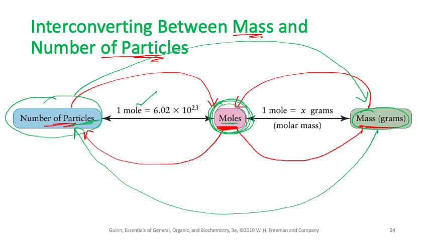We know 1 mole of anything equals the molar mass of that particular substance. So we're going to use this concept to solve any problem that asks about mass to number of particles, or particles to mass. We'll see 1 or 2 problems on this and try to understand how we can use the concept that we just learned over here.